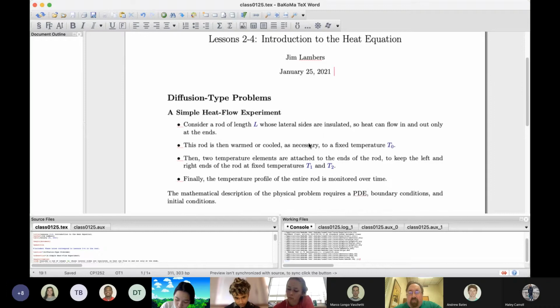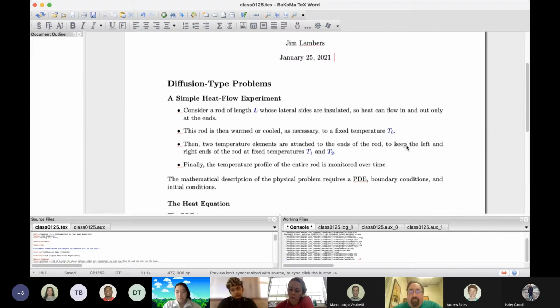So we assume that the rod has some fixed temperature T naught at the start, and it's not necessarily a constant temperature throughout the rod. The point is that the initial temperature at every point within the rod is known. So then we prescribe that the temperature at the endpoints of the rod are some known temperatures T1 and T2.